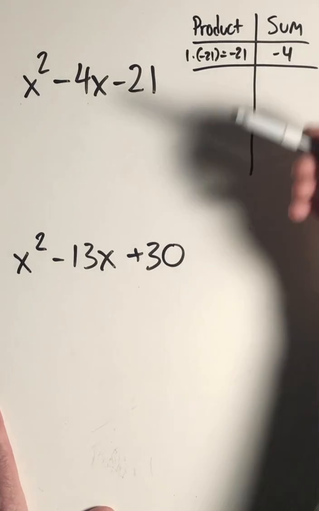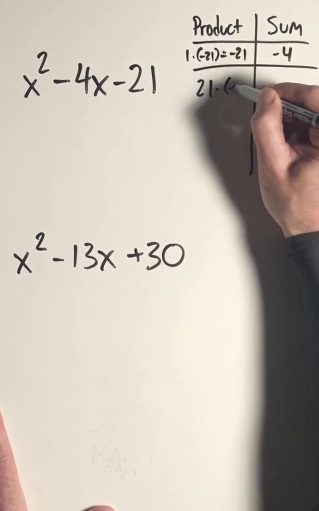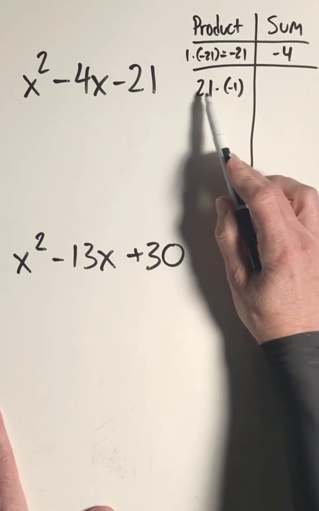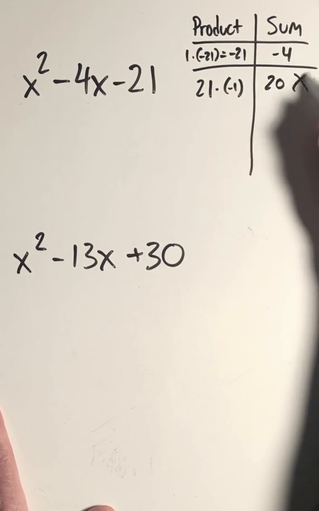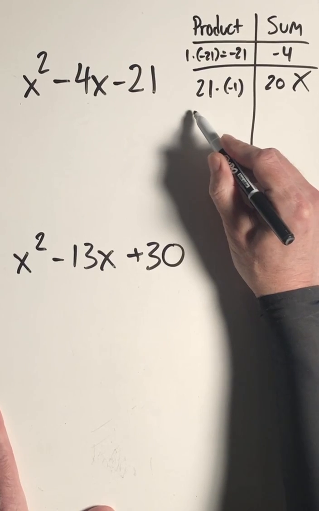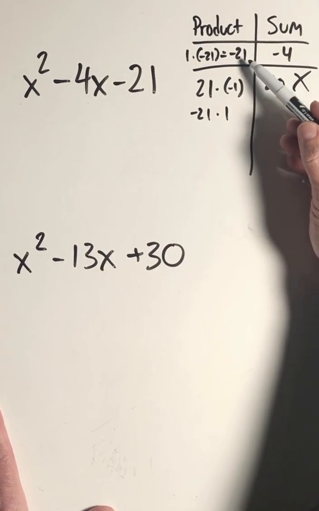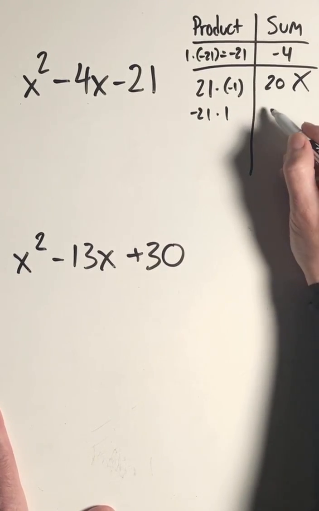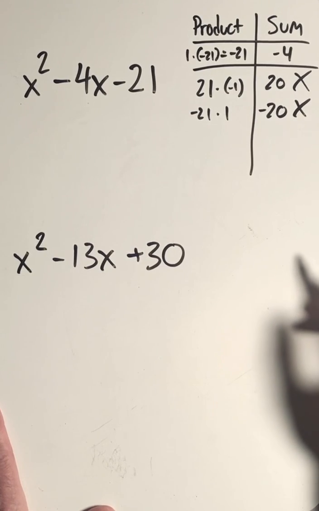So to find two numbers that multiply to negative 21, we could take 21 times negative 1. If we were to add them, 21 minus 1, that would be 20, which is not equal to negative 4. We could also reverse the sign here. We could have negative 21 times 1, which also equals negative 21. But when I add those together, I get negative 20, which is also not equal to negative 4.